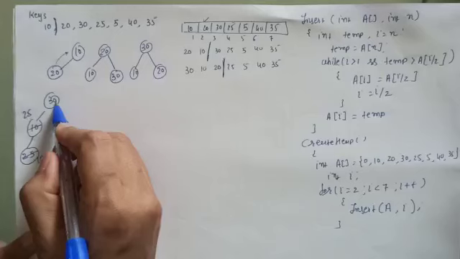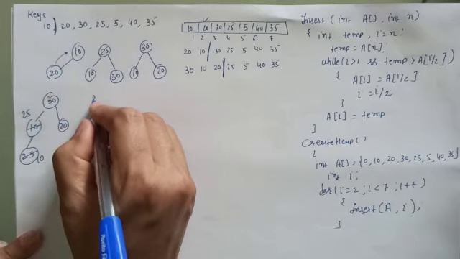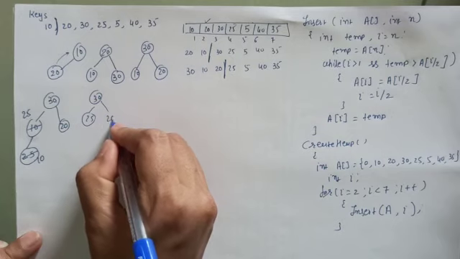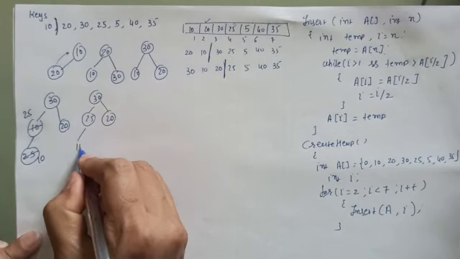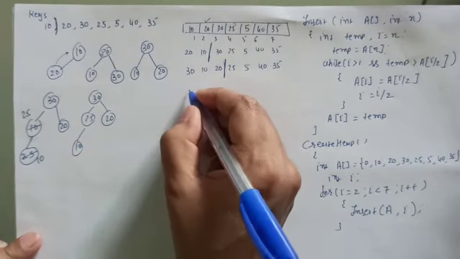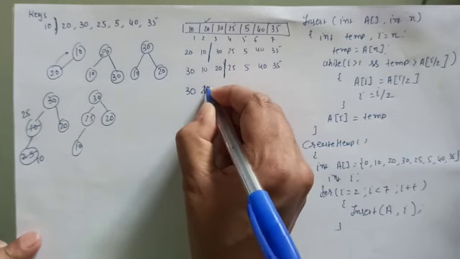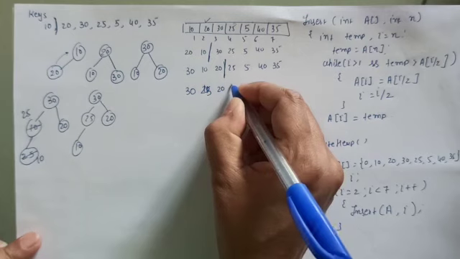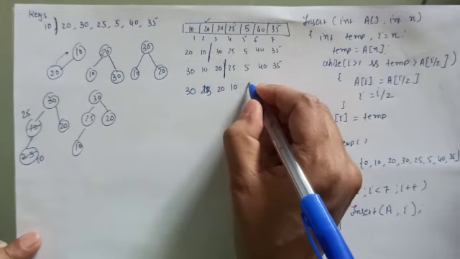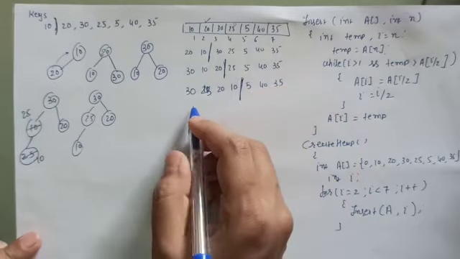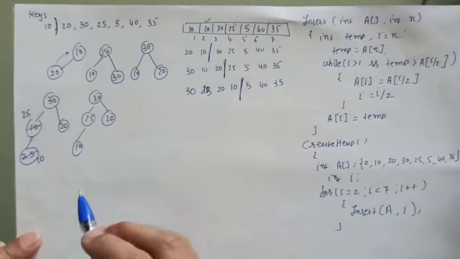As 25 is smaller than 30, this remains as it is. So this is the tree: 30, 25, 20 and 10, and correspondingly the array structure would be 30, 25, 20, 10, and then 5, 40 and 35. So up to this our heap tree is completed.